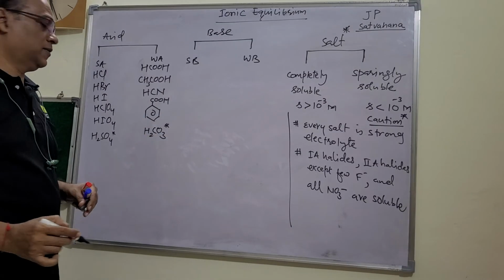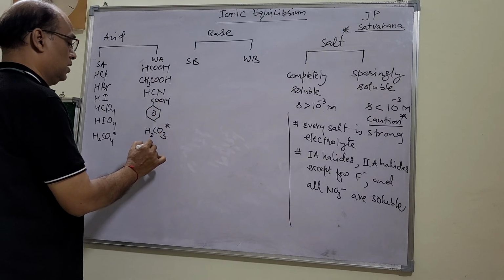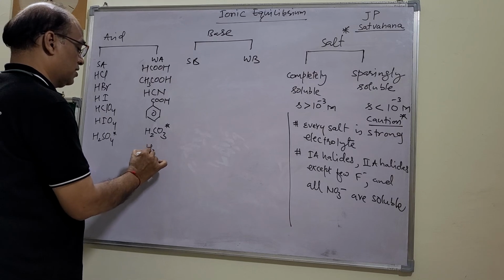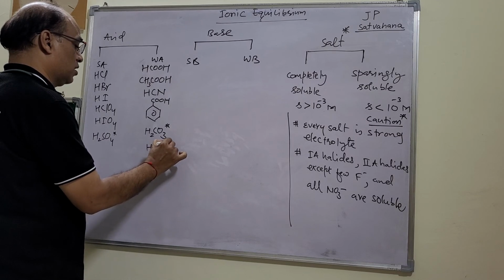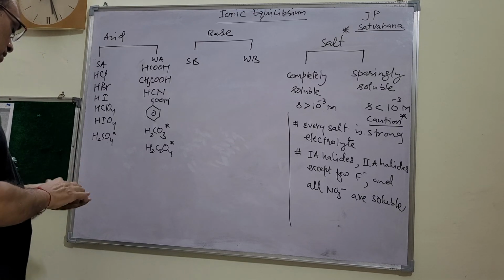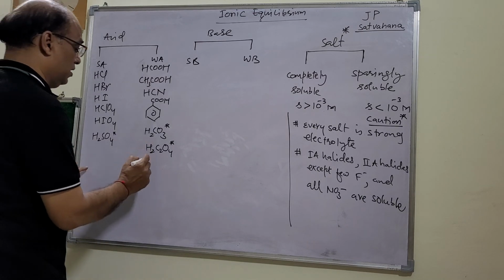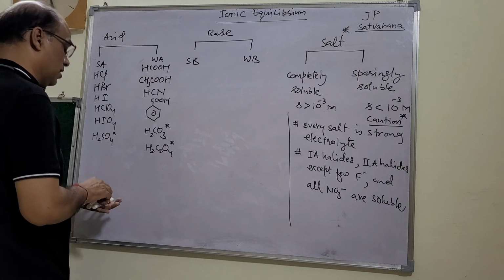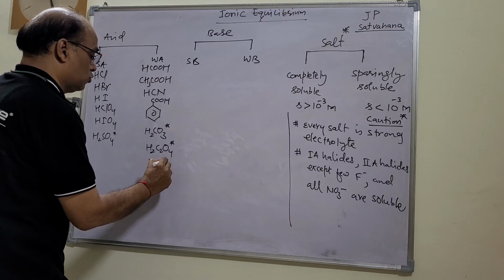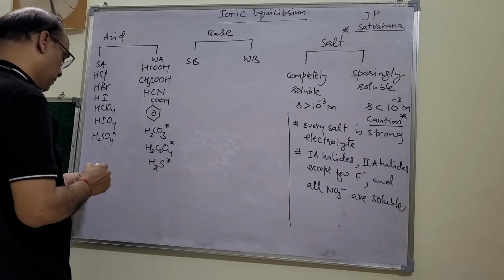Then we have oxalic acid, H2C2O4, again star mark, right? Then one more category is there, star mark category, that you commonly find in numerical problems: H2S, star mark category.